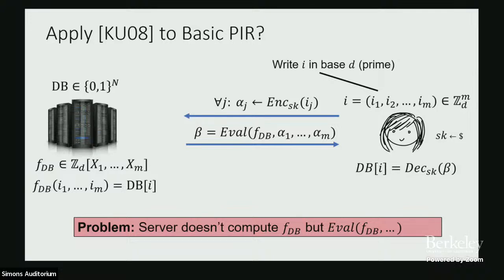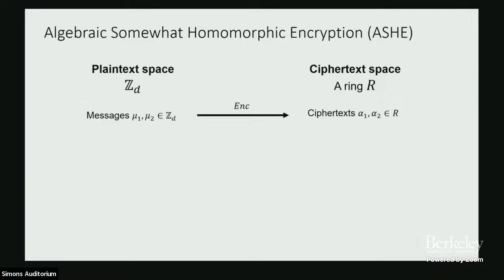In fact, it would just be evaluating the same polynomial of DB over the ciphertext. So we give this a name. We call this type of homomorphic encryption algebraic somewhat homomorphic encryption, kind of the platonic ideal of what a homomorphic encryption should look like.